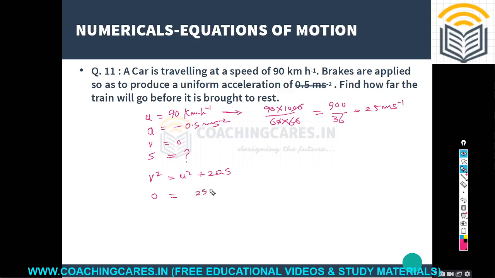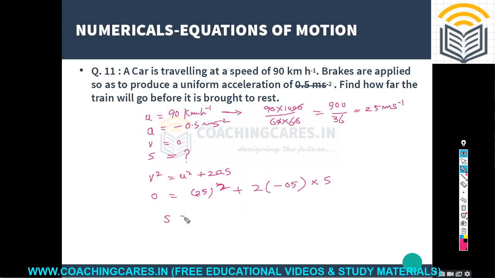So we'll put all the values. This is 25 square plus 2, a is given here, minus 0.5, into s.